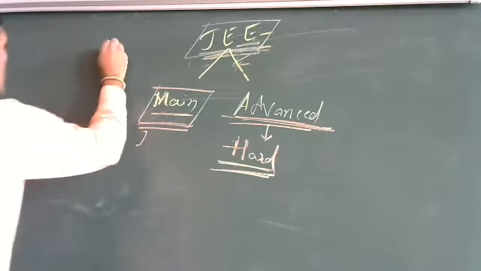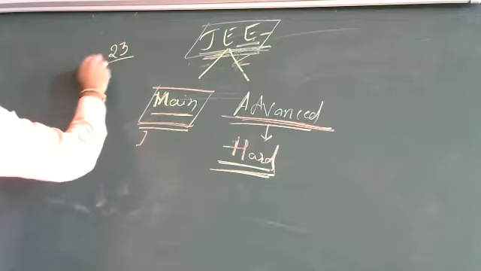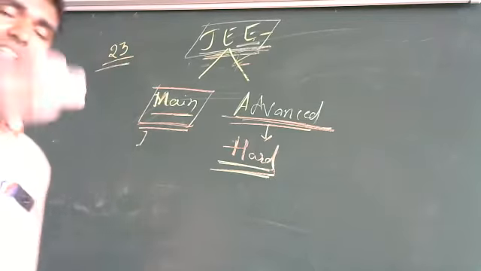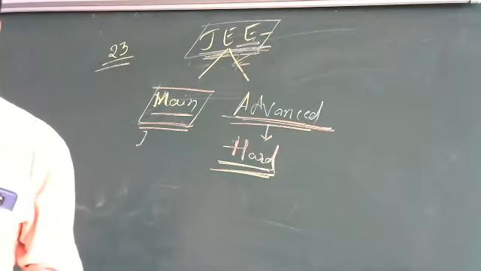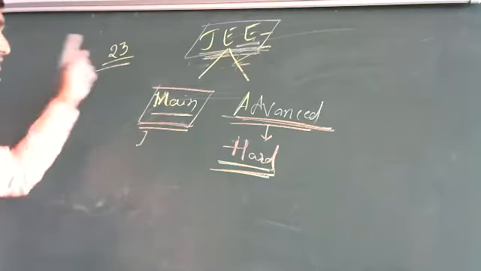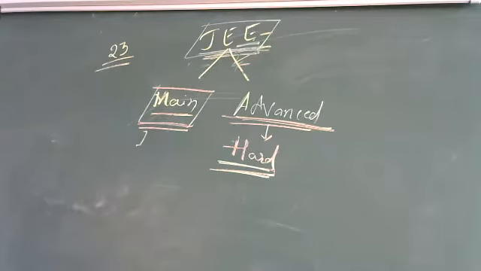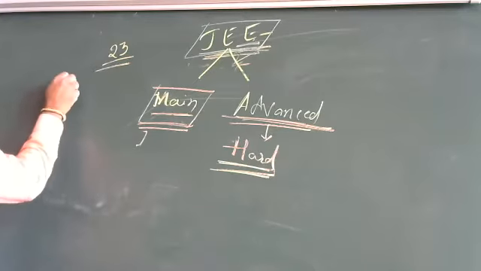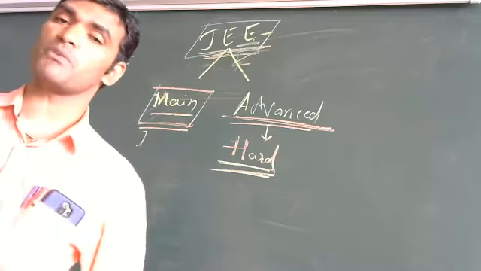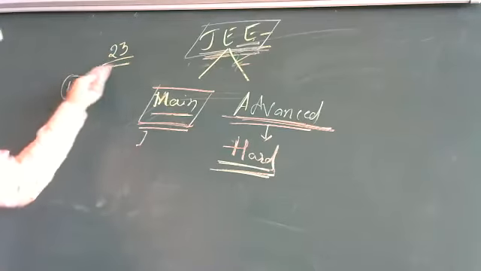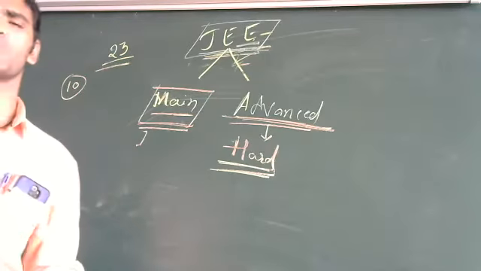Children, out of these 23 IIT colleges, we are again making one group, one category. Out of these 23, the top IIT colleges, maybe the top 10, maybe the top 5, the 10 colleges are very top colleges.